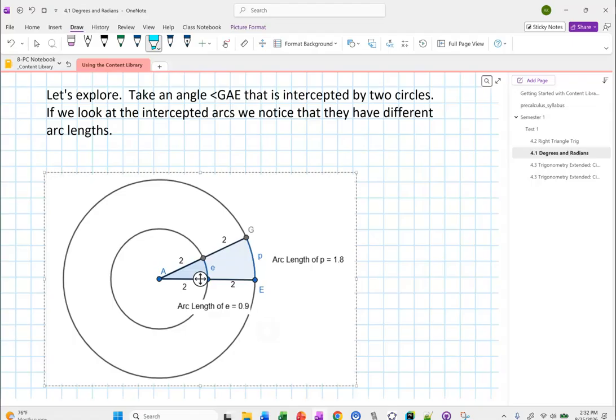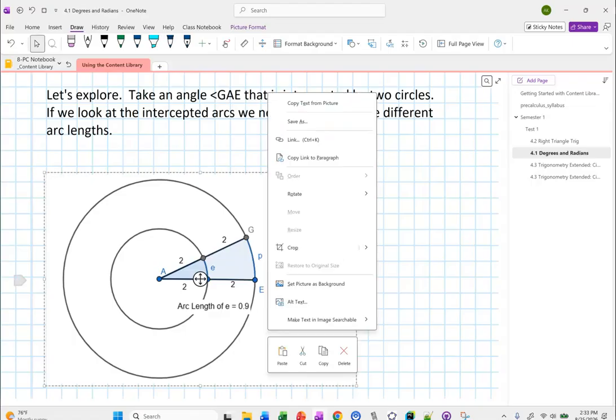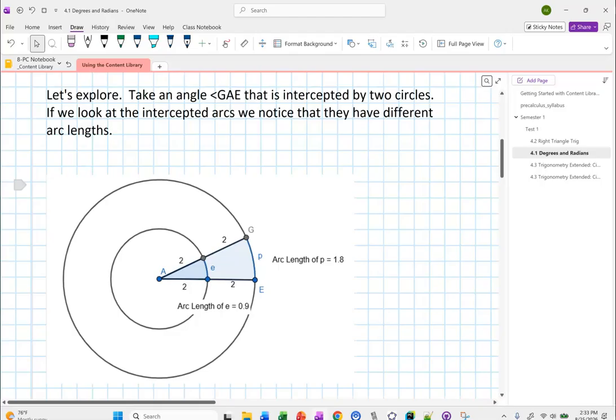If I look at this arc length E, and then I look at my arc length P, what do I notice about the relationship between those 2 arc lengths? One is 0.9, the other is 1.8. See anything common between those 2 numbers? P is 2 times E. Perfect. P is 2 times E, right? Because 0.9 times 2 is 1.8.